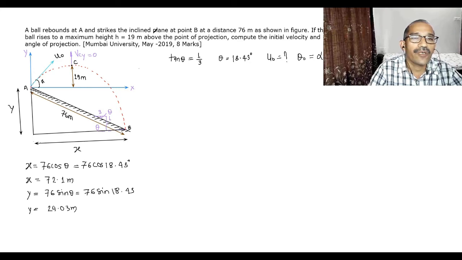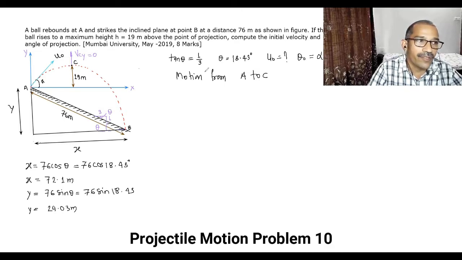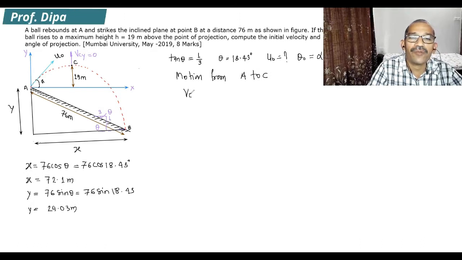What we'll do is consider the motion from A to C, and the relation between initial velocity, final velocity and y. That means we can apply the equation Vcy square equal to u0y square minus 2gy.